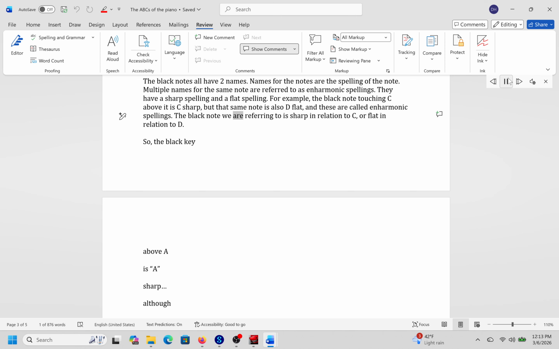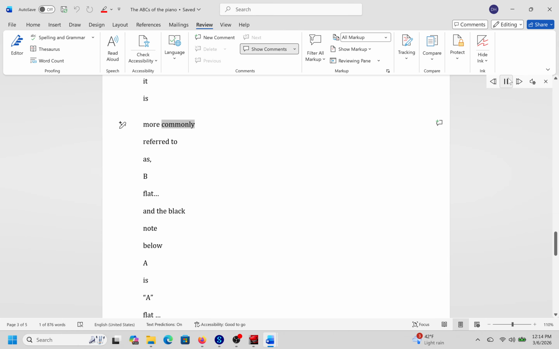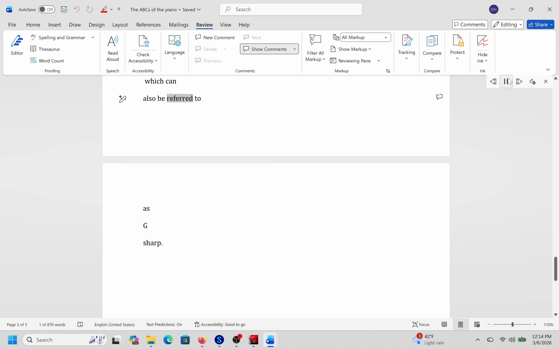The black note we are referring to is sharp in relation to C, or flat in relation to D. So the black key above A is A sharp, although it is more commonly referred to as B flat, and the black note below A is A flat, which can also be referred to as G sharp.